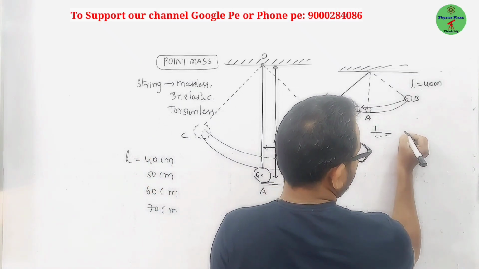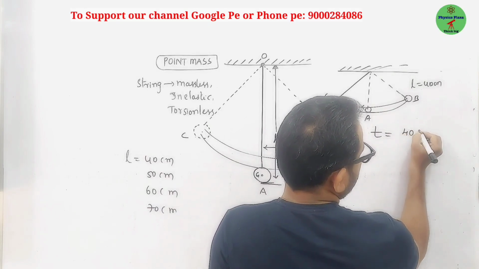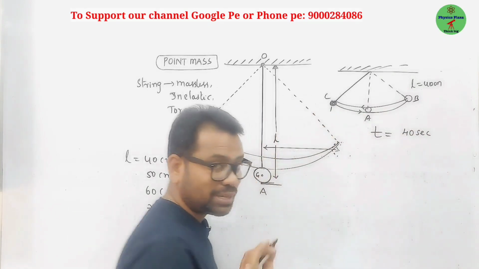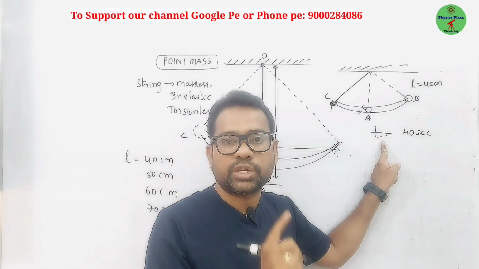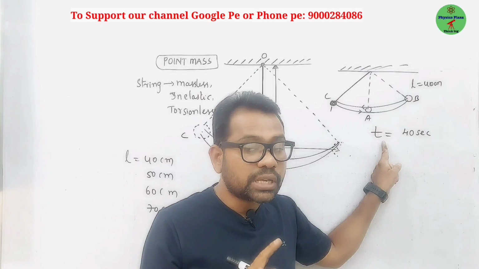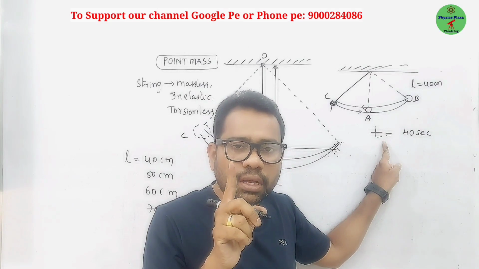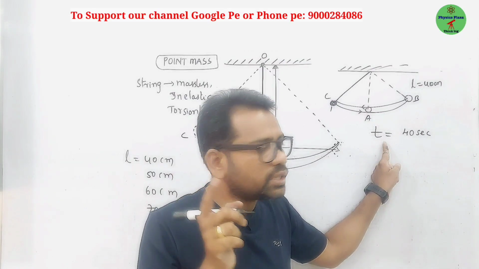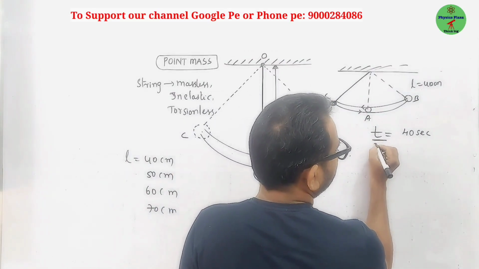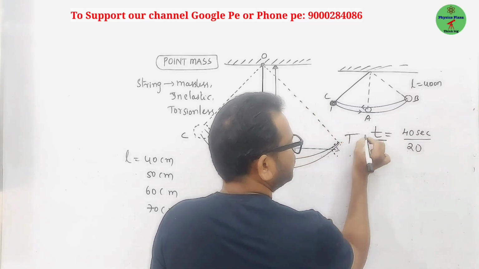For example, let us say we got 40 seconds. But I want the time taken for one oscillation, right? What should I do? Divide by 20. This is the time period.